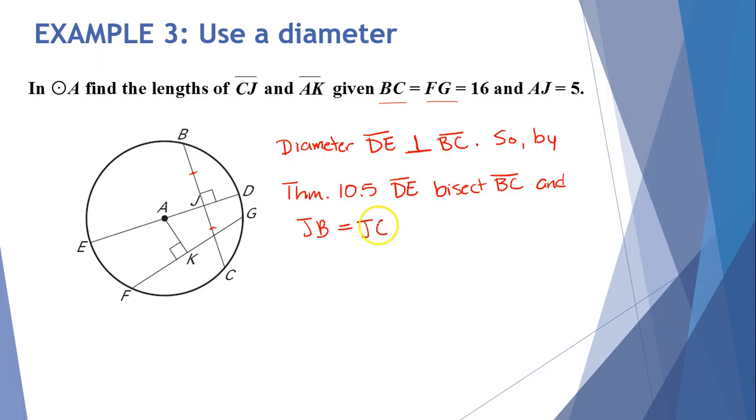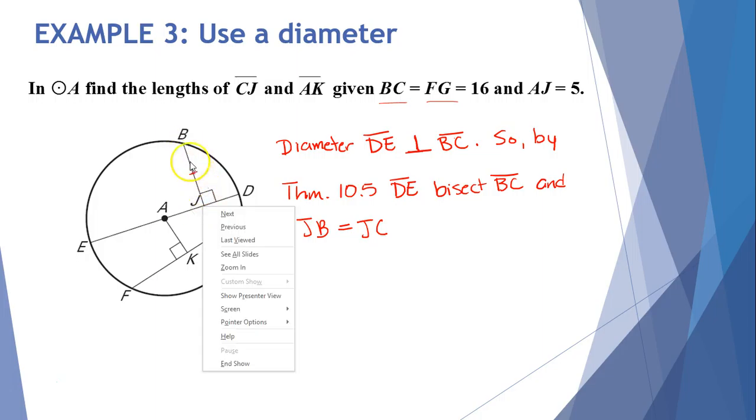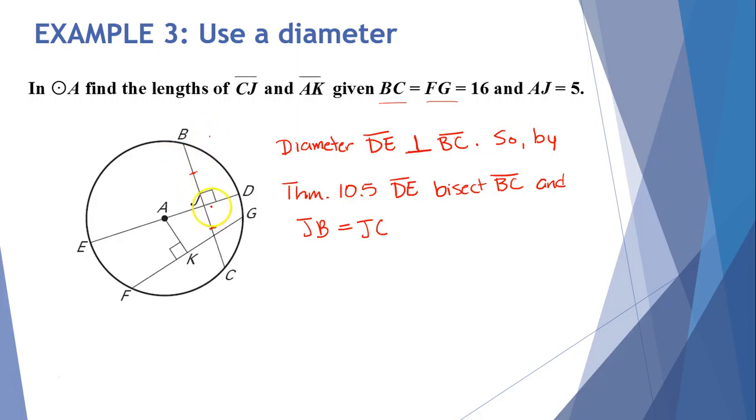And that means what we need to do here is this right here is the halfway point, where J is. So cut this thing in half and you've got what JB and JC are equal to. So 1/2 of the whole segment BC is equal to 8.